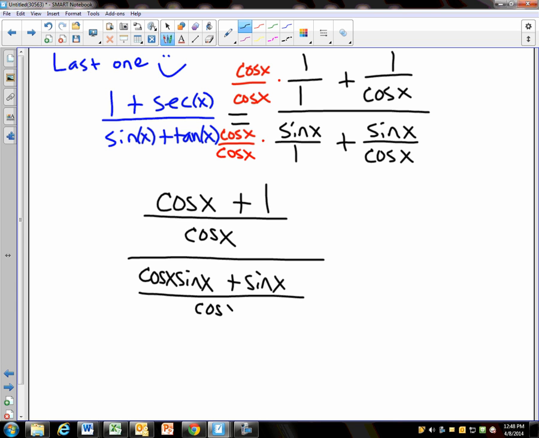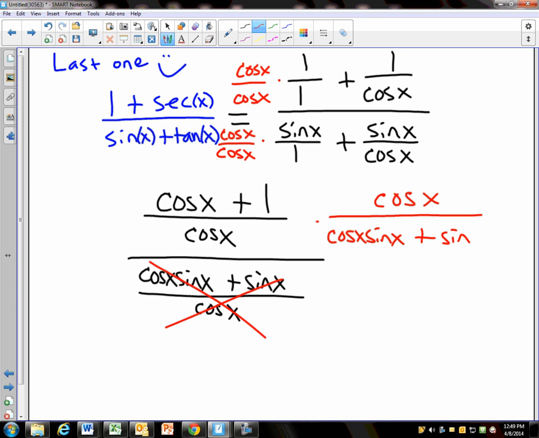Cosine of x. I got two fractions, one on top of the other. Now what? Multiply by the reciprocal. Get rid of that. Times cosine of x over cosine of x, sine of x, plus sine of x.